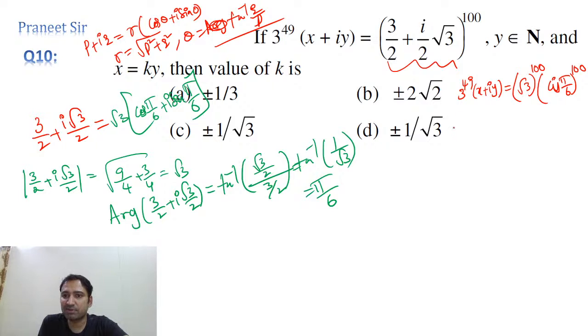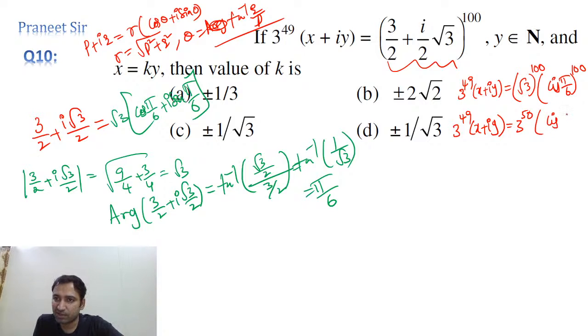So still we can simplify this: 3 power 49 into (x + iy) is equal to 3 power 50 into, if we apply De Moivre's theorem, cis 50 pi by 6. That's what we're getting. Clear?